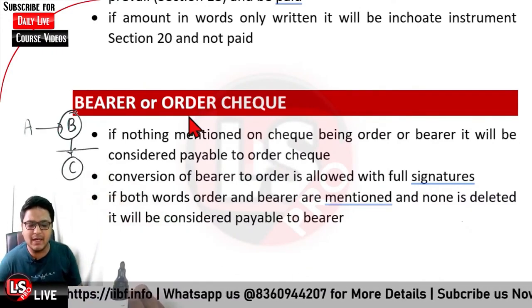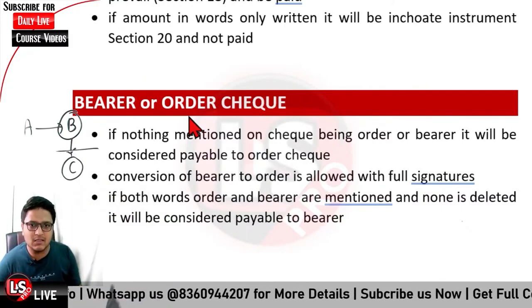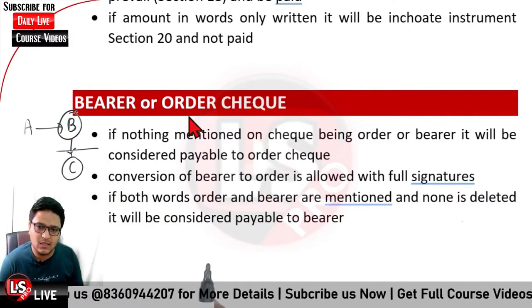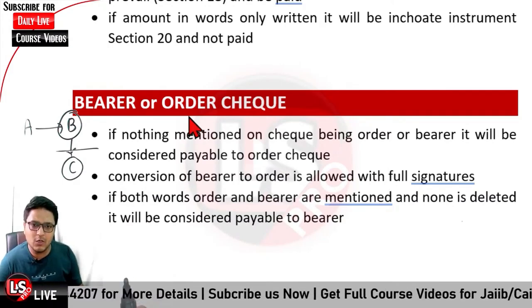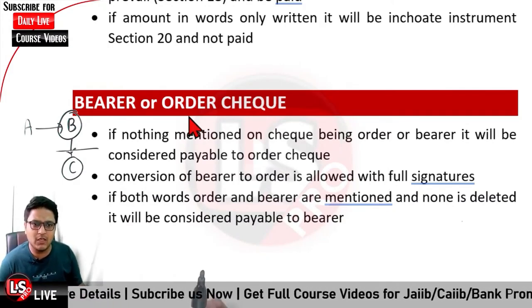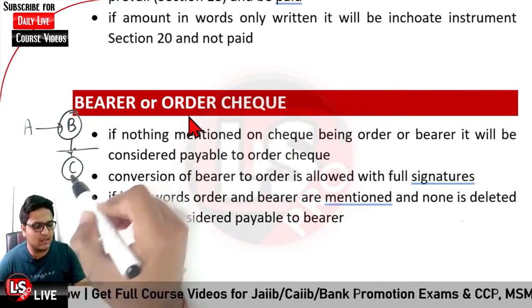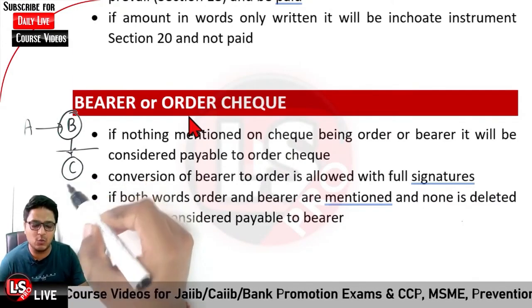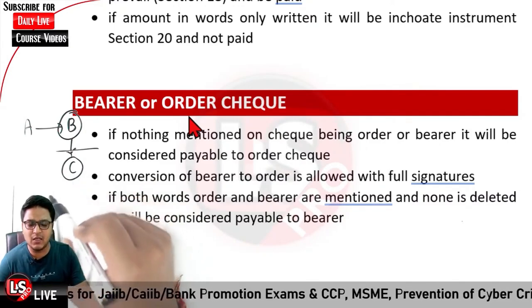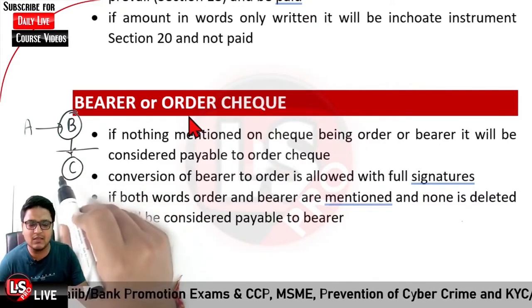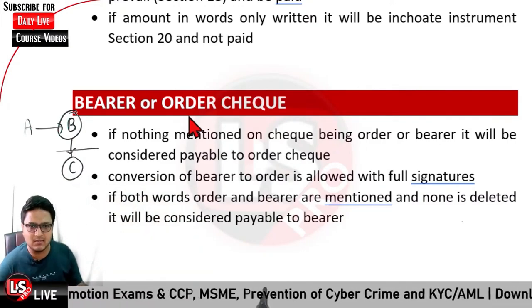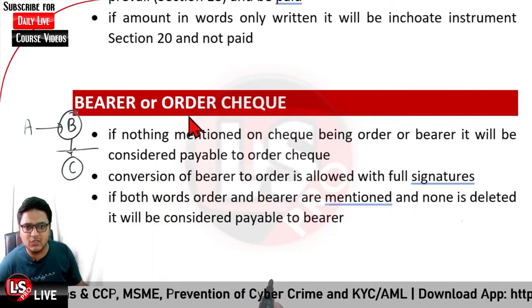No, the bank is not responsible, because the definition of a bearer check says the holder is the payee. It may be the case that if C is found, because it was illegal, he can be prosecuted under the law, but otherwise the bank is not liable in any case. Okay. So that is a bearer check.